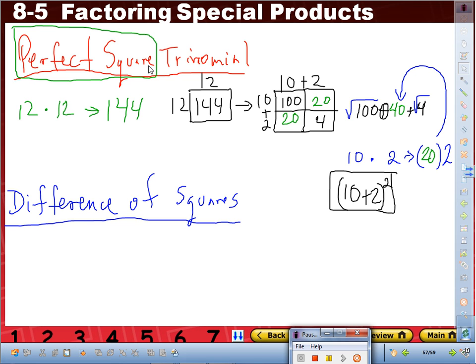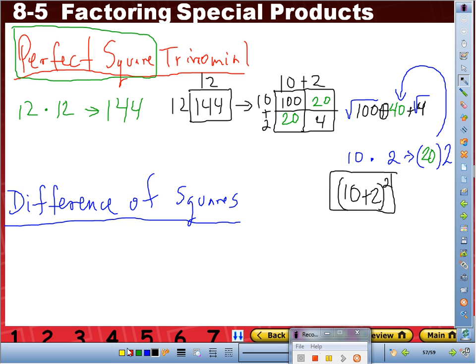Okay, now the second term, guys. So now I kind of explained what a perfect square number or a perfect square trinomial looks like with numbers. Now let me explain what difference of squares means. Pens down, eyes up here. The word difference implies an operation. What operation is that? Subtraction.